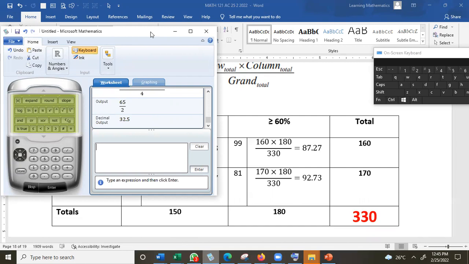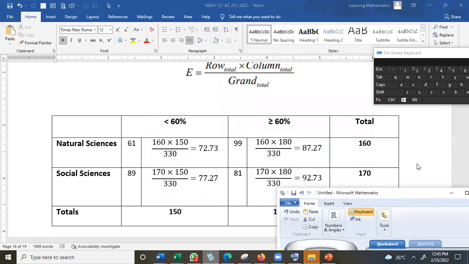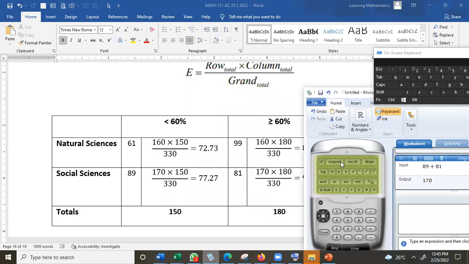The next row total is 89 and 81. 89 plus 81 will give us 170. So these are the row totals. The column totals, you have to add 61 and 89 here. 61 plus 89, that will give us 150.